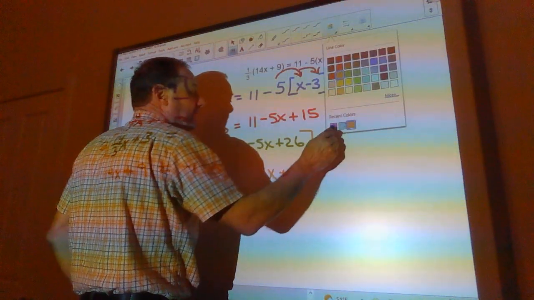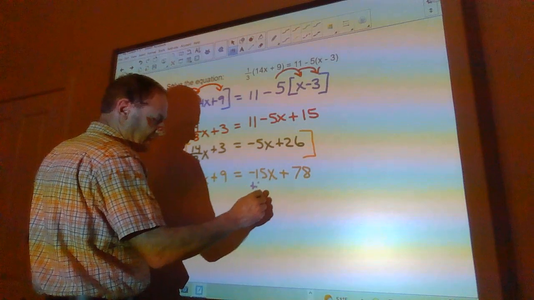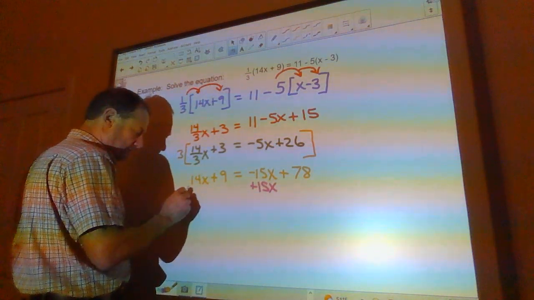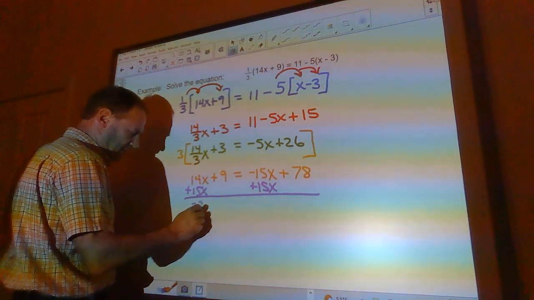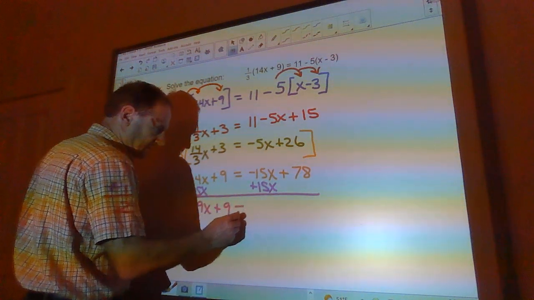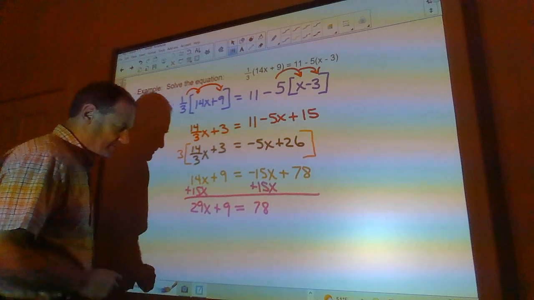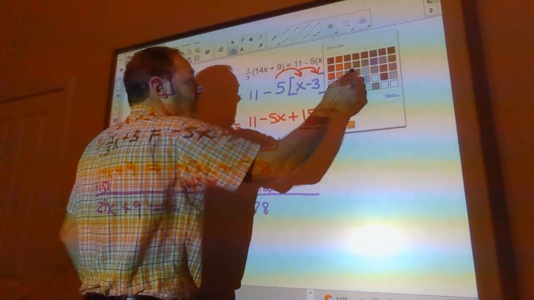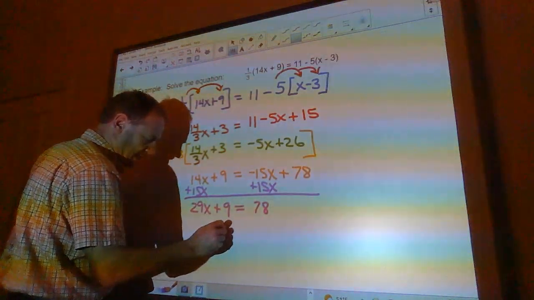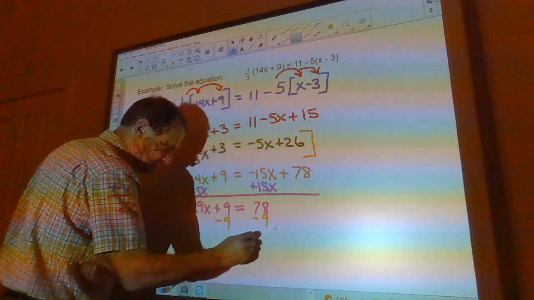Now I'm going to add 15x to both sides. So I get 29x plus 9 equals 78. I'm going to subtract 9 from both sides.